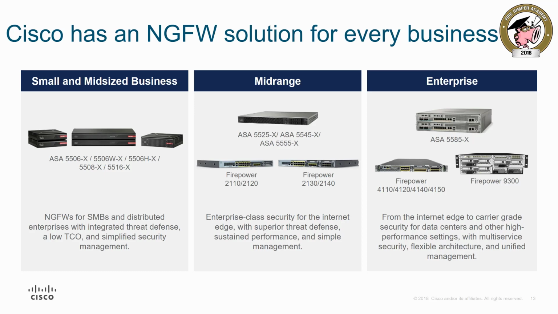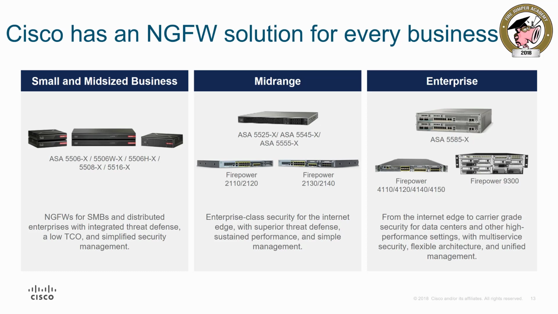In the mid-range side of things, you can look at the 5525 all the way up to the new Firepower range of appliances, from the 2100 all the way up to the 2140, as you can see there. These provide enterprise-class security for the edge, internet edge, and offer superior threat defense.